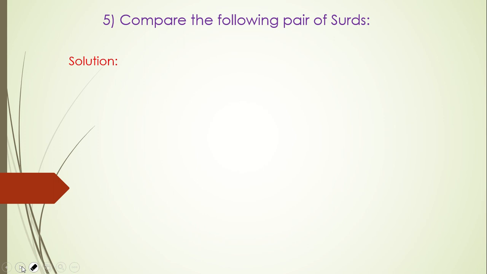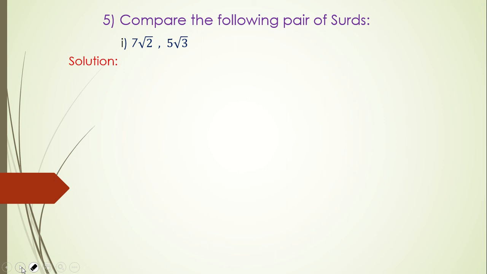Now compare the following pair of surds. Generally compare means which is bigger and which is smaller, the sign that we make, right? Sometimes just by looking at it, we cannot say which number is bigger and which is smaller. Now it is given in the simplest form, so we will not be able to tell which is smaller and which is greater.